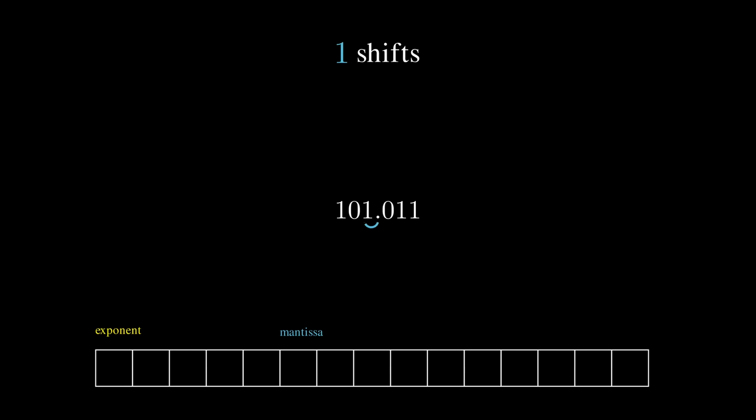1, 2, 3. Notably, the first digit of our fraction will, by definition, always be non-zero. This means we can just leave the first digit away and imagine a 1 when we read out our fraction. That's why it's called an implicit 1. The rest of the mantissa gets filled with zeros.